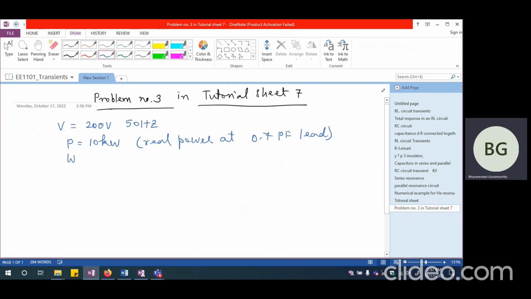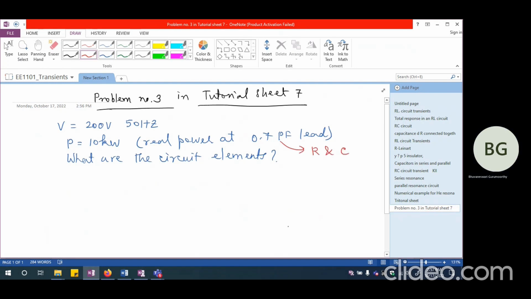So what are the circuit elements? Obviously, if the power factor is a leading power factor, this has to have R and C. So the elements have to be R and C. In this particular case, let us try to work out the solution. We can say P equal to VI cos phi.